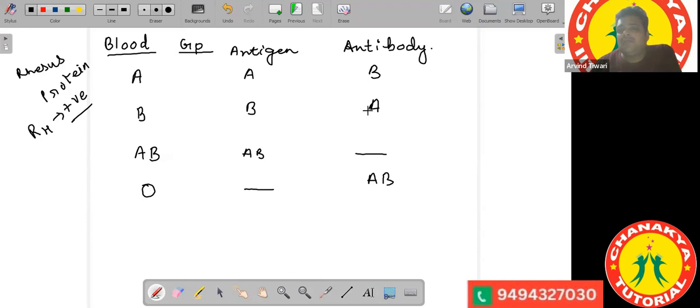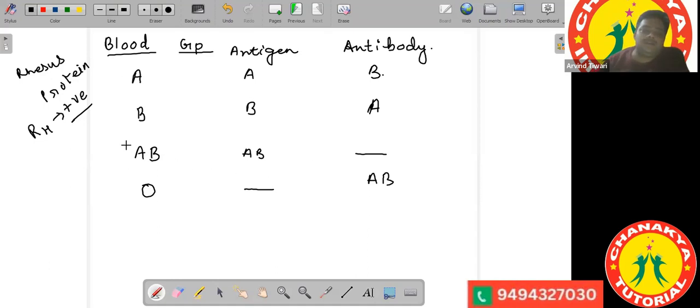The antibody A will regard antigen B as a foreign body, and there will be blood coagulation. So A cannot donate to B and B cannot donate to A.